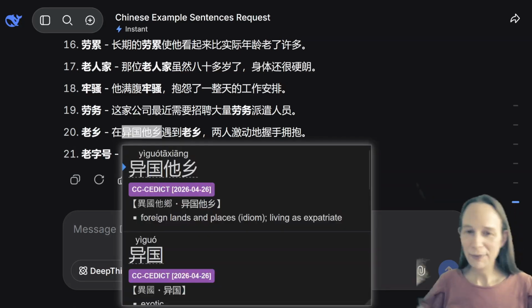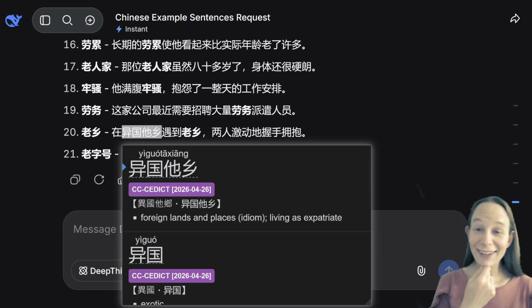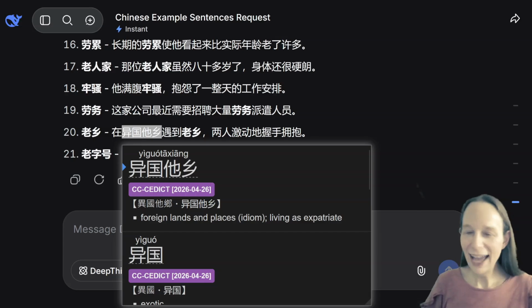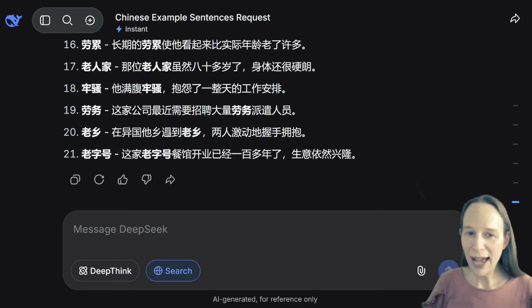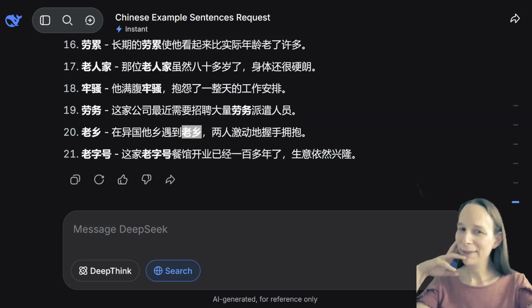I've encountered this before. So this 异 is different as opposed to same. I'm really clever. It's different country. 他 is also different here. Different town. So foreign names, places. All right. 异国他乡遇到老乡. So you run into your countrymen.